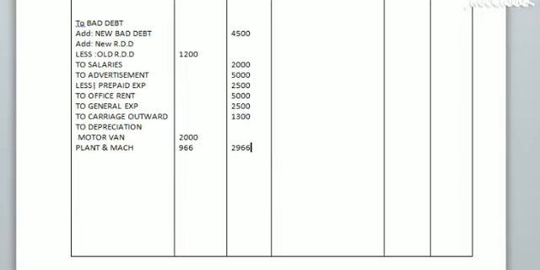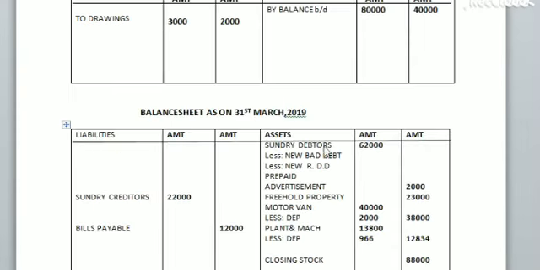Now the next adjustment is reserve for doubtful debt 5% to be created. Now this amount we are going to calculate from sundry debtors, 5%. From sundry debtors 62,000 rupees, we will calculate here new RDD because new RDD is not given.